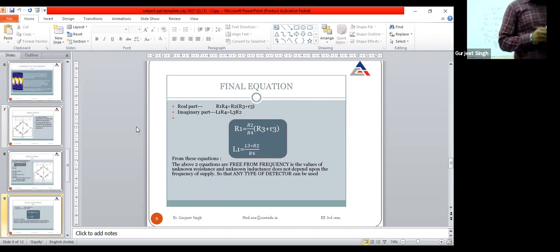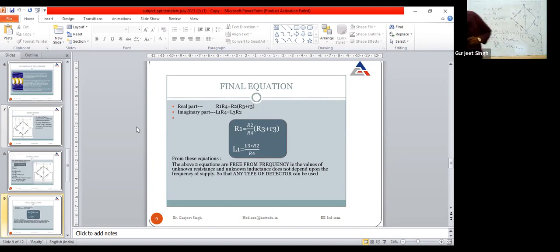One thing I want to add here. Suppose this L3 is the inductor. In some bridges, numericals or diagrams, they have also shown the small resistance R3 of this inductor, because this inductor is basically a coil, and this coil has its own resistance.